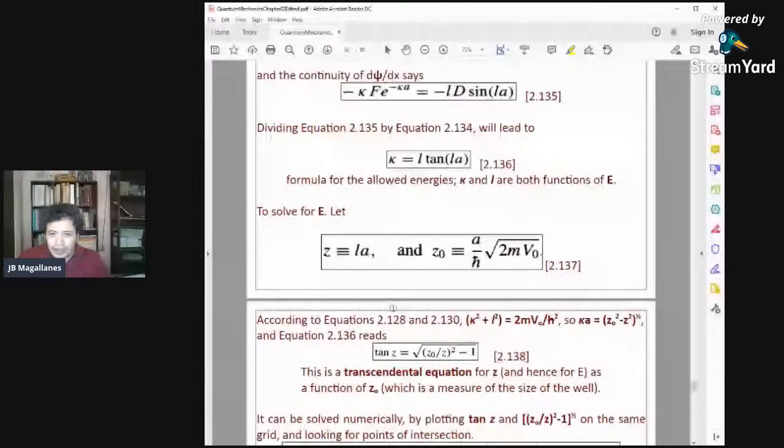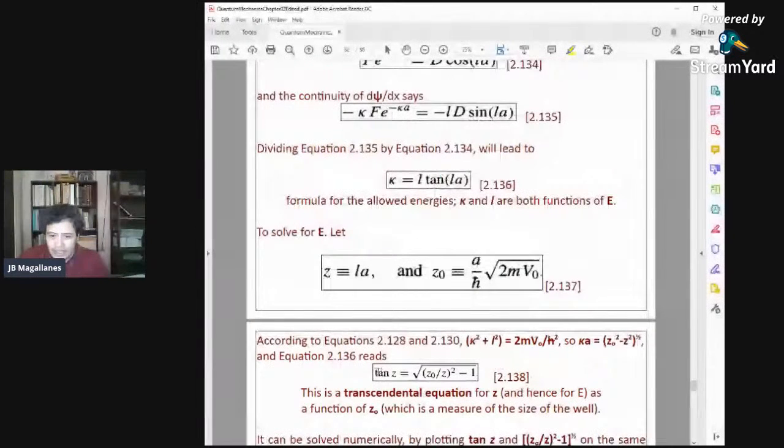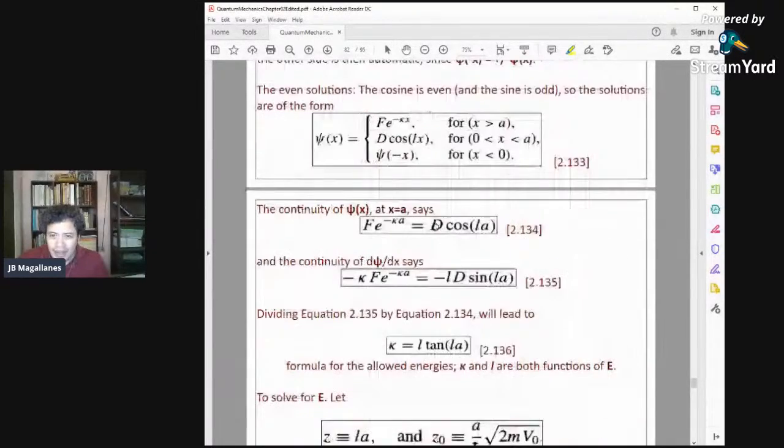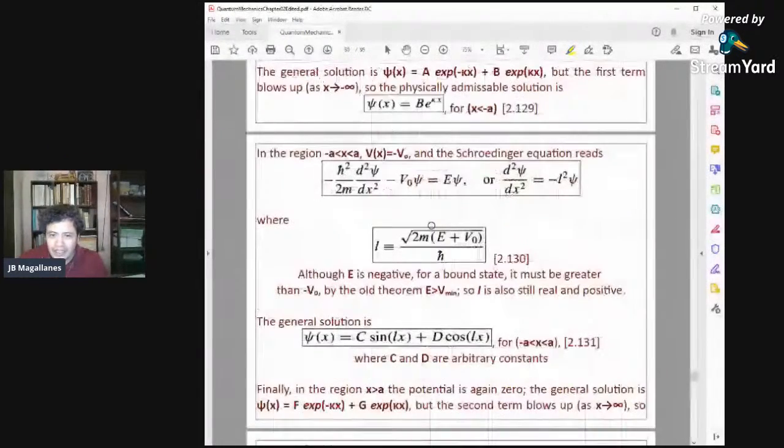So you will have here tangent Z, this one, and kappa over L would just be, what is kappa? Kappa is this and L is this.